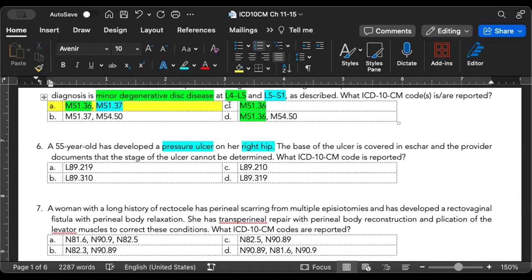So we'll go back in our tabular to L89.2. And what code should we use for the right hip where the stage cannot be determined?